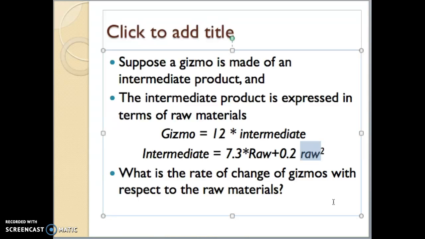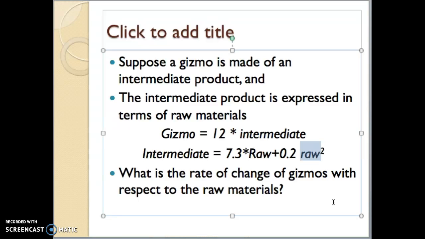And from the equations that I mentioned previously, if you take the derivative of gizmo, that's 12 times the derivative of intermediate, that's just 12. And if you look at this equation, what is the derivative of that? Well, it's just 7.3 times 1. And then the raw squared becomes 2 times 0.2, so that's 0.4 raw.